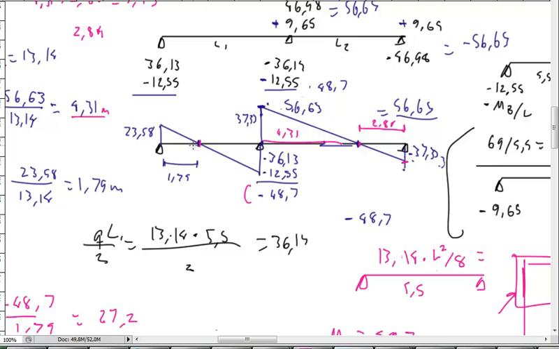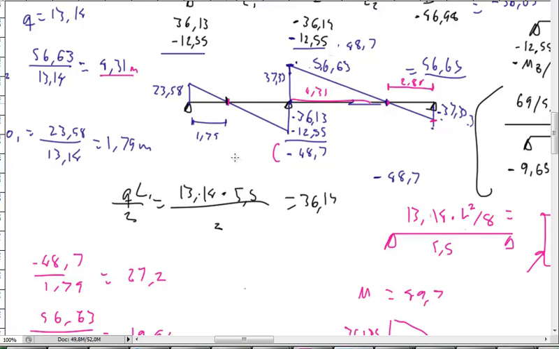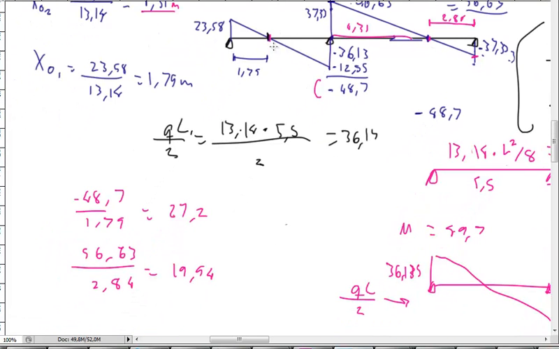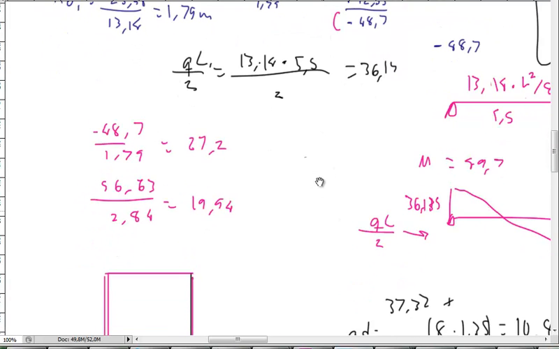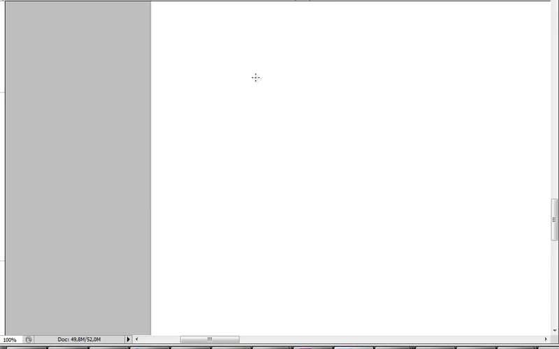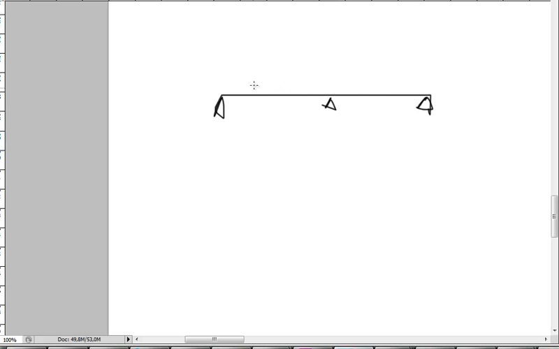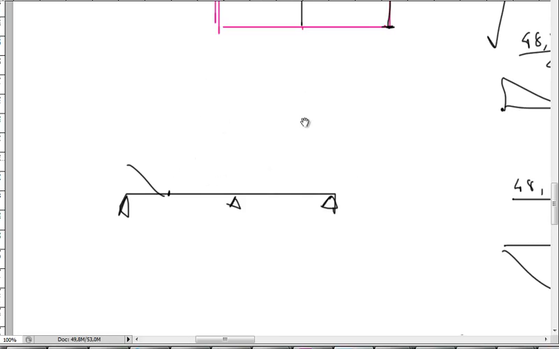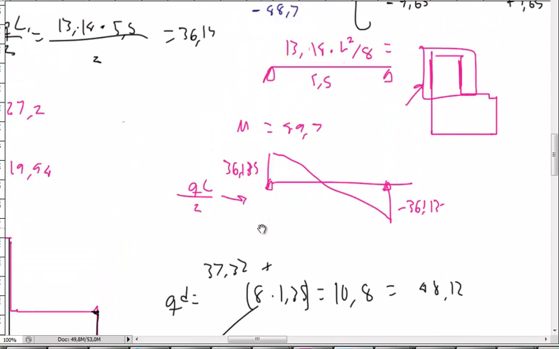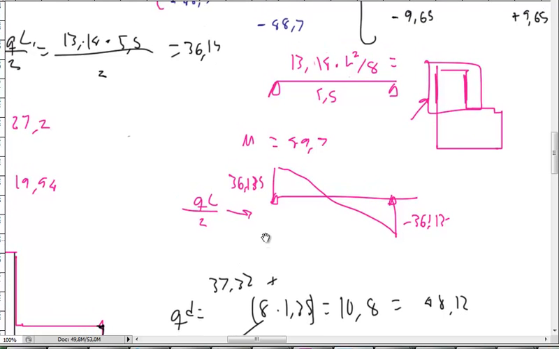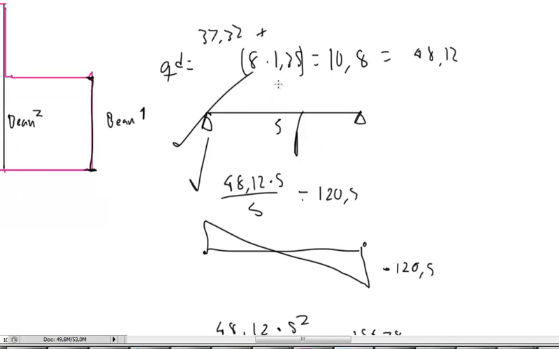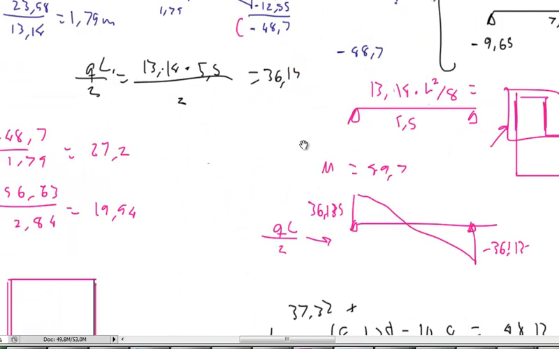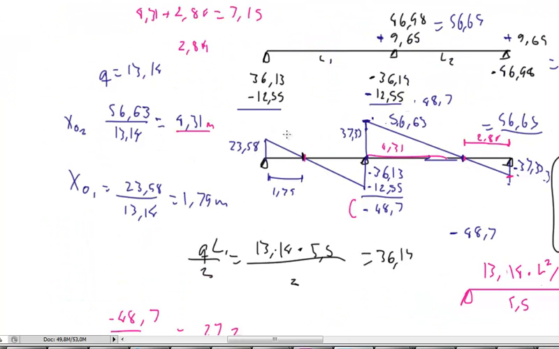So we take the moment for this one. We have the Q, we have the L. So it's Q times, let's see, the rotation. So the rotation for this one. The formula is the same for both, to be honest.